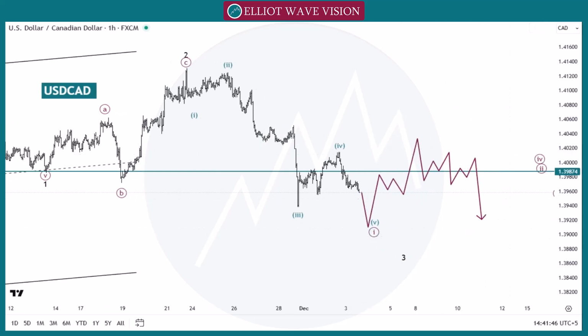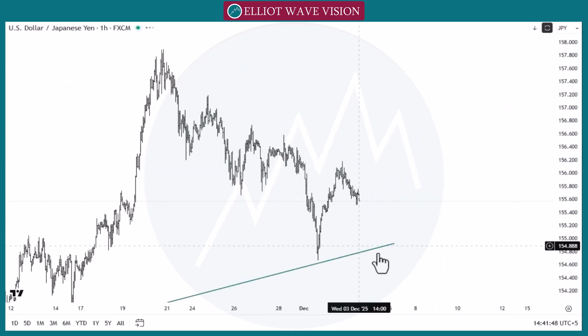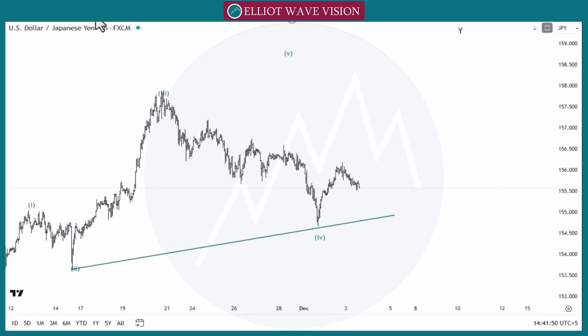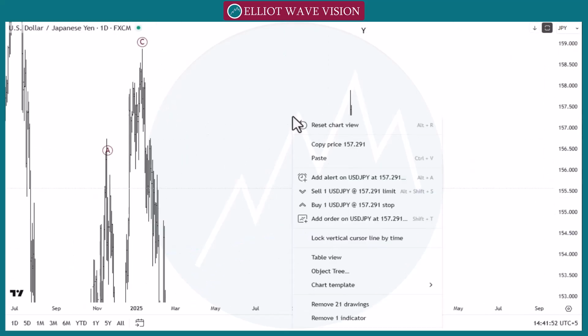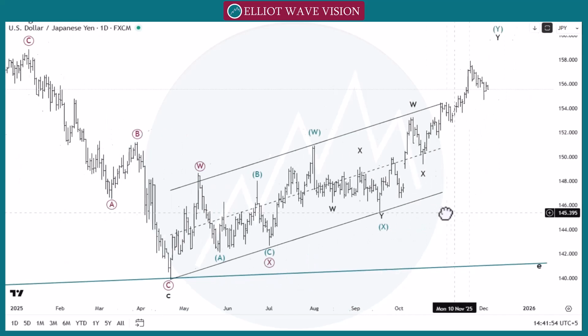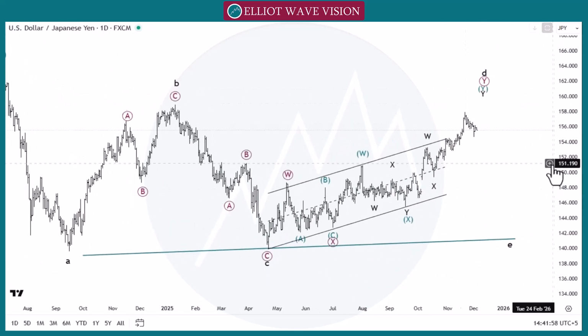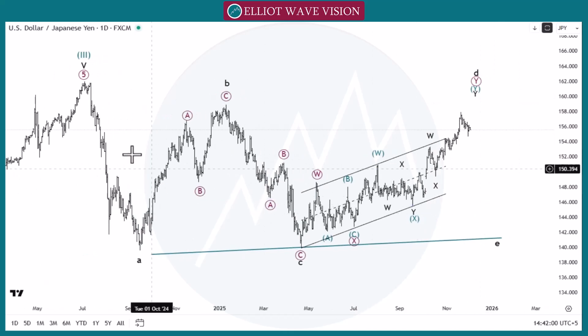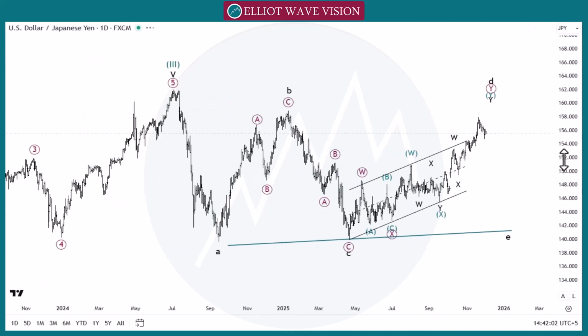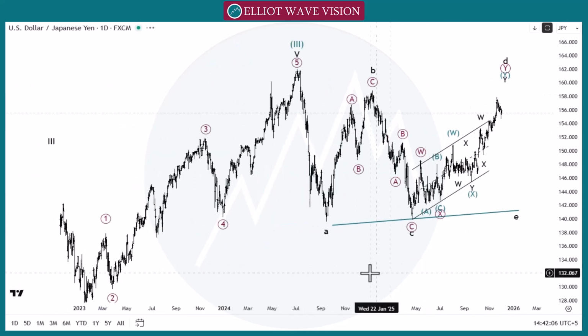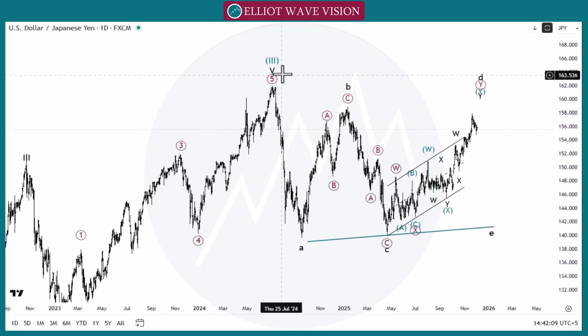So let's check our next pair, Japanese yen in the daily time frame. This pattern we count as this move from wave 3 to wave 4, as the market completed its wave 3.